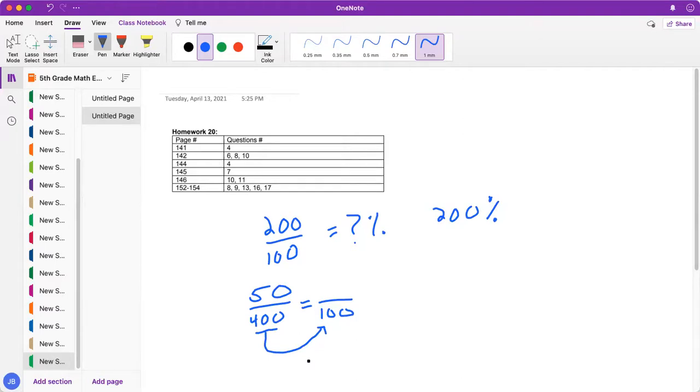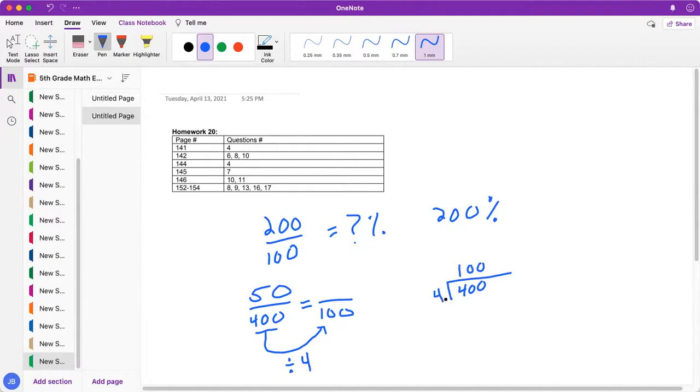Perfect. And what are we going to divide by? 4. Perfect. So if we have 400 and we want 100, we divide by 4.